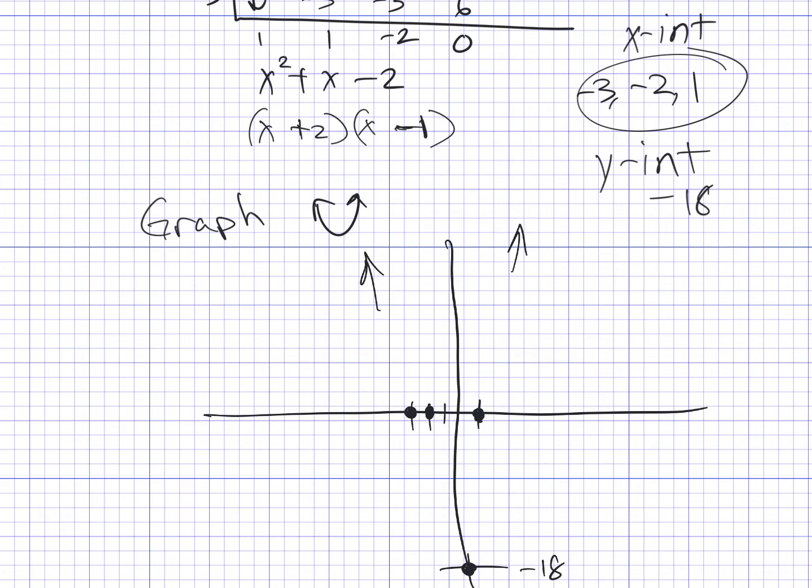How do you know if you go through or if you touch it? Multiplicity of odd values. It's even because it has 2. So it touches, but then it's got to come right back down and go through at negative 2. The next point is the y-intercept, and then the next point is going through 1. So it was something like that.